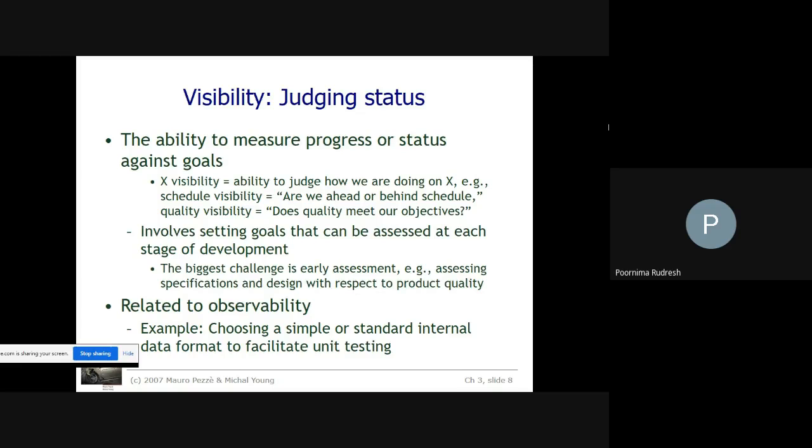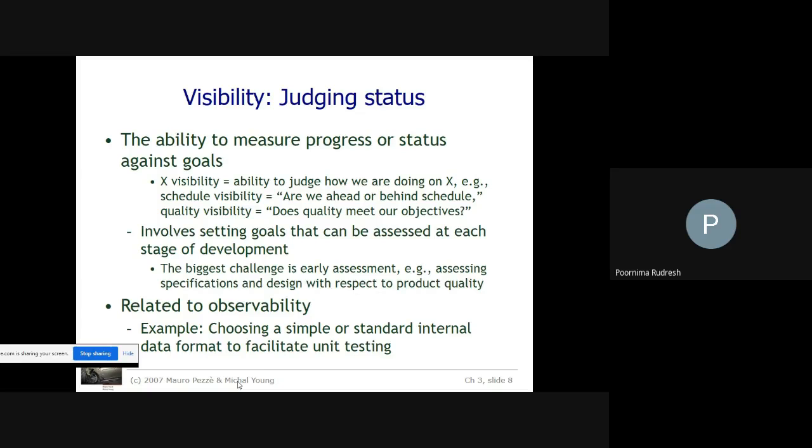If you consider the software development process and you are preparing the plan, and in the plan you are saying that in 2 months you are going to complete the design phase, then once the design phase is completed, you are checking whether you completed that design in 2 months or not. So that is schedule visibility.